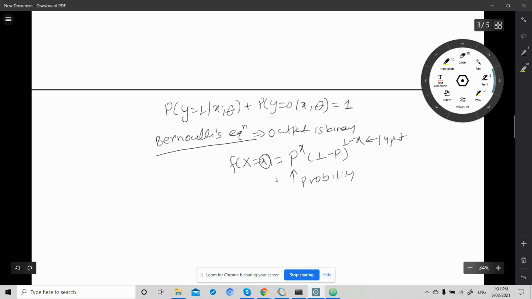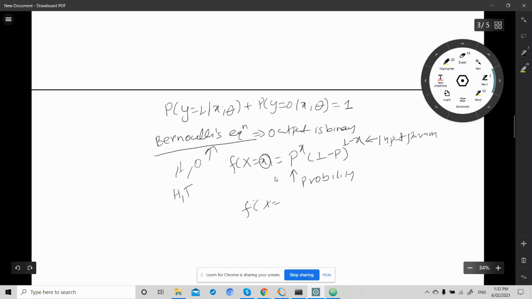So if we have a binary output, let's say 0 or 1, for example, if we toss a coin, we have chances of getting head or tail. That also follows Bernoulli's equation. So if we toss a coin, we have chances of getting head or tail, right? So let's say my head is 1 and tail is 0.